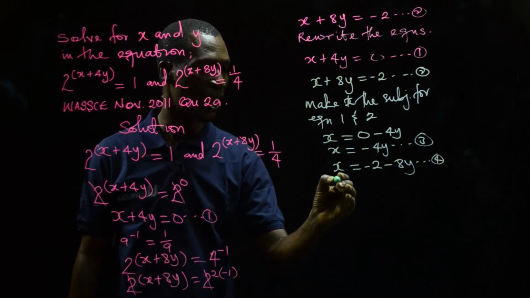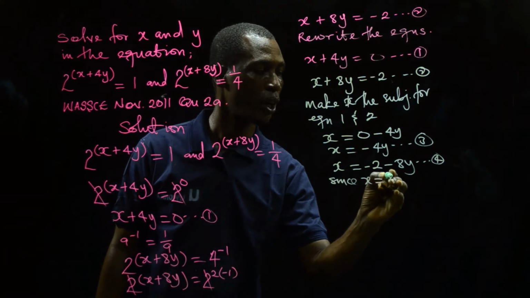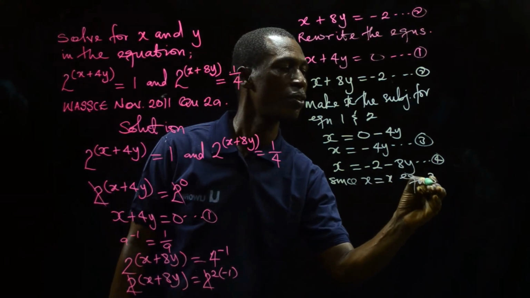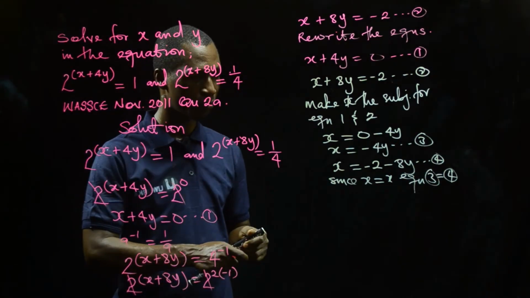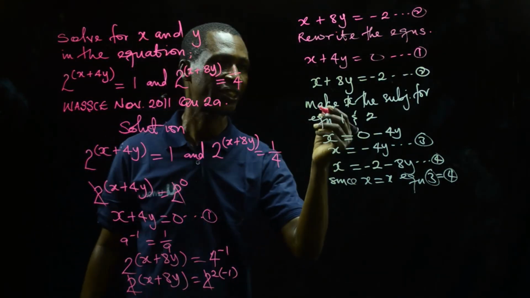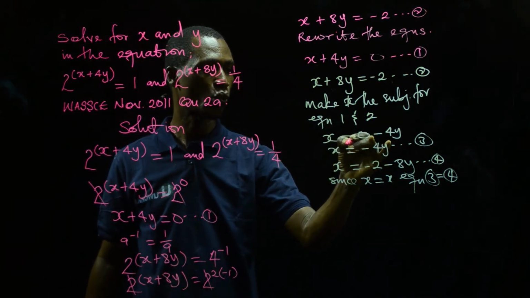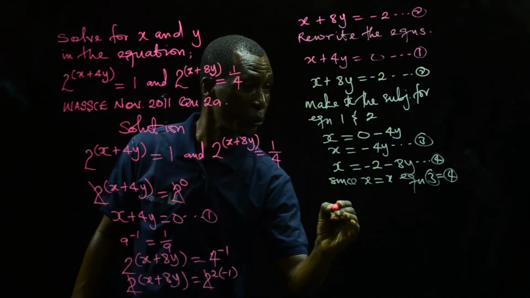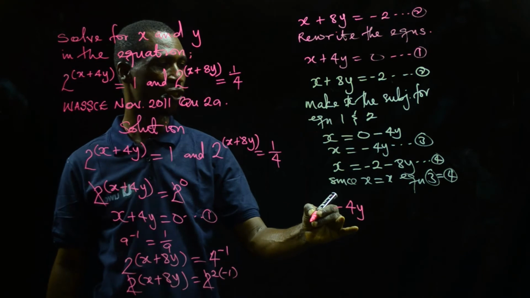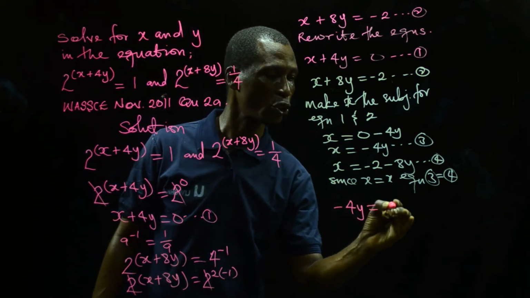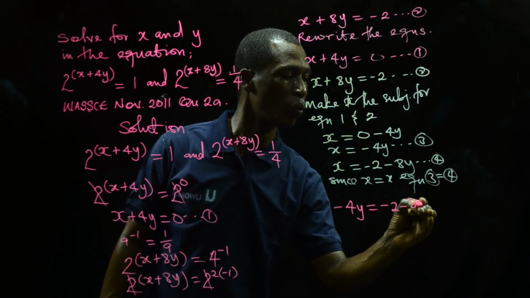So since x equals x, equation 3 will be equal to equation 4. Equation 3 reads x equals minus 4y. And equation 4 also reads minus 2 minus 8y.